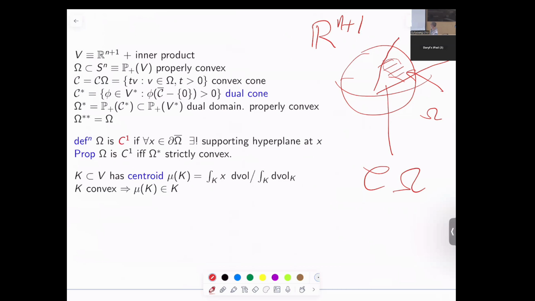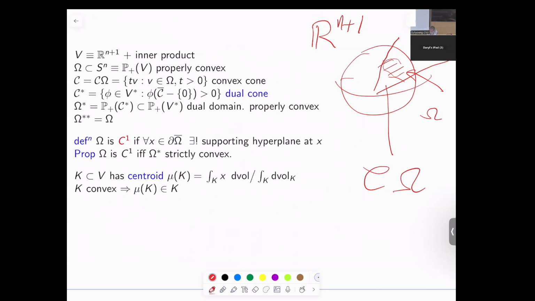So that's a dual cone sitting in the dual vector space. If I projectivize it, I get a dual domain in the projectivized dual space. And if I dualize twice, I'm back where I started. So given a properly convex domain and this inner product, there's a dual domain, and dualizing twice is back where you started.